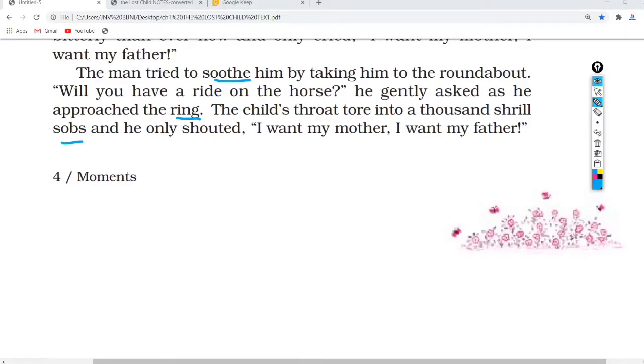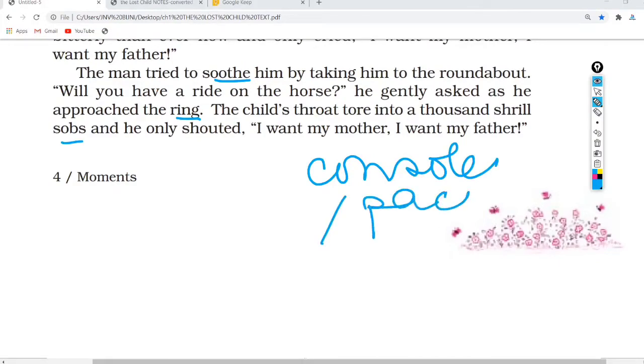So here you see, in order to console or pacify the child, the man did everything. He left no stone unturned.